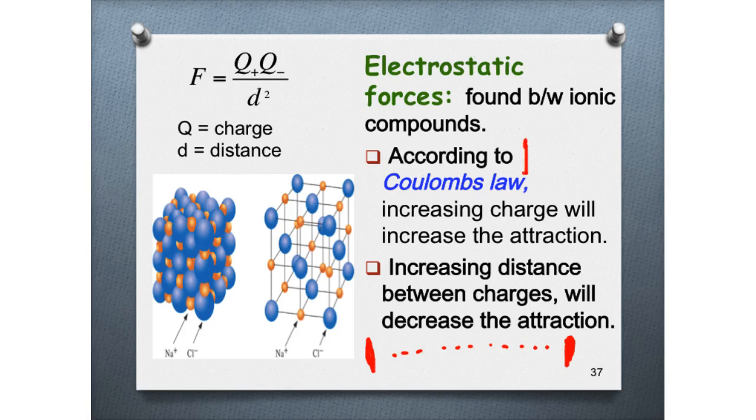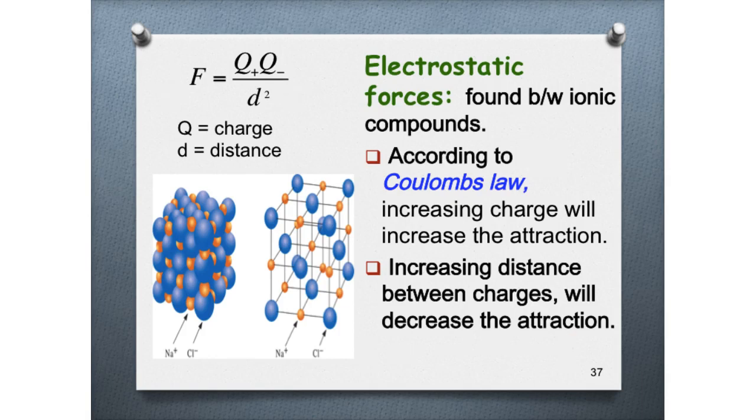But if they're very, very close, then you're going to see a very large attraction. So the opposite is true. If you increase the distance, the denominator in this case, then this number is going to go down. So the larger the distance, the smaller the attractive force, or the smaller the distance, so the things are closer together, then the larger the attractive force will become. And that is exactly what Coulomb's law says.